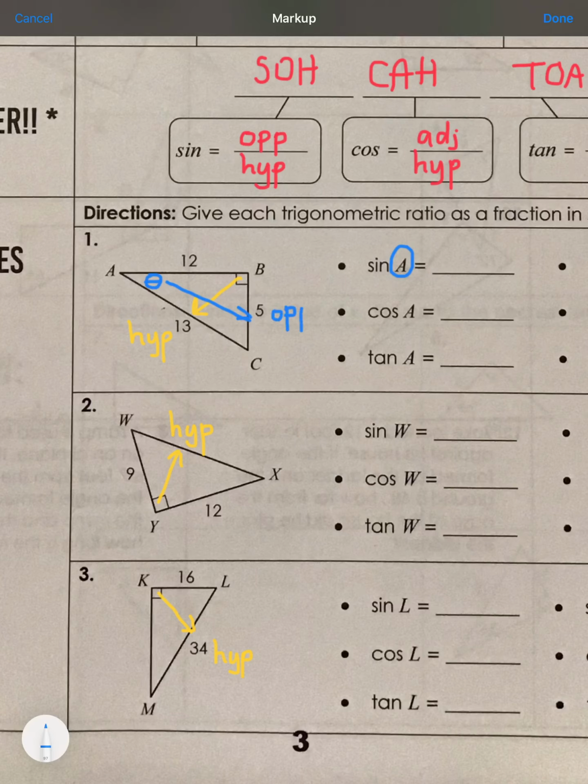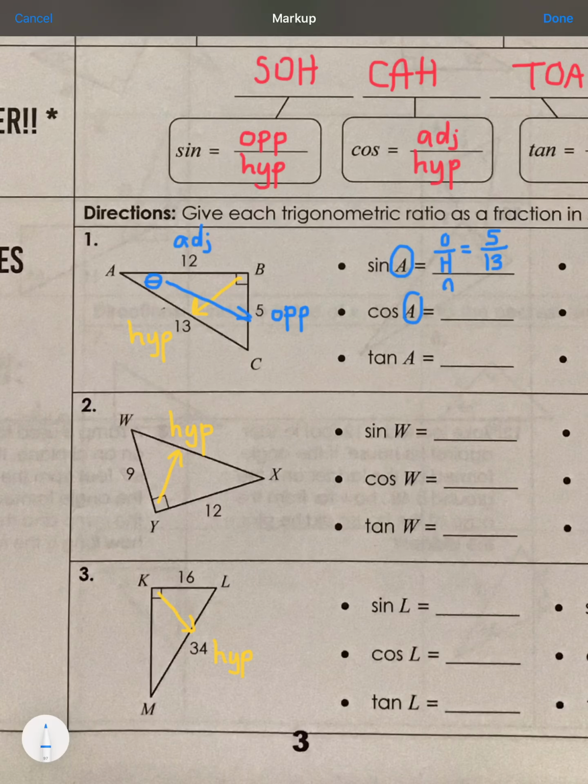Now the opposite and adjacent sides change depending on what angle you're looking at. So if I'm looking at angle A, the side across from the angle is our opposite side, and the side next to the angle is the adjacent side.